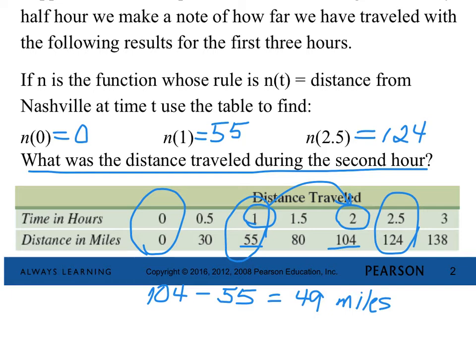And similarly, in the first hour, even though that's not asked for here, in the first hour from the time we began at time 0 until 1 hour had elapsed, we had gone 55 miles. So kind of to get into what the average rate of change is here, during the first hour, our average rate of change was 55 miles per hour.